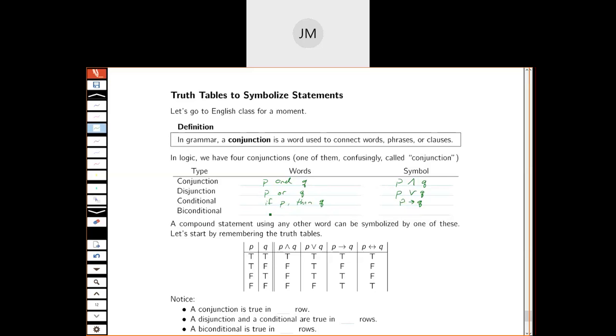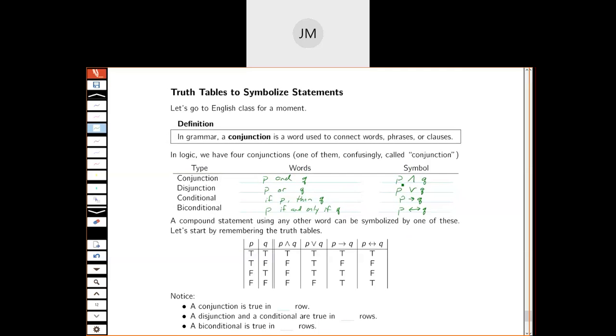With the biconditional, we could say P if and only if Q, and we have our double arrow, so again, the order doesn't matter. Remember, we have other words, especially for and, but it's the same idea. We still use the same symbol.